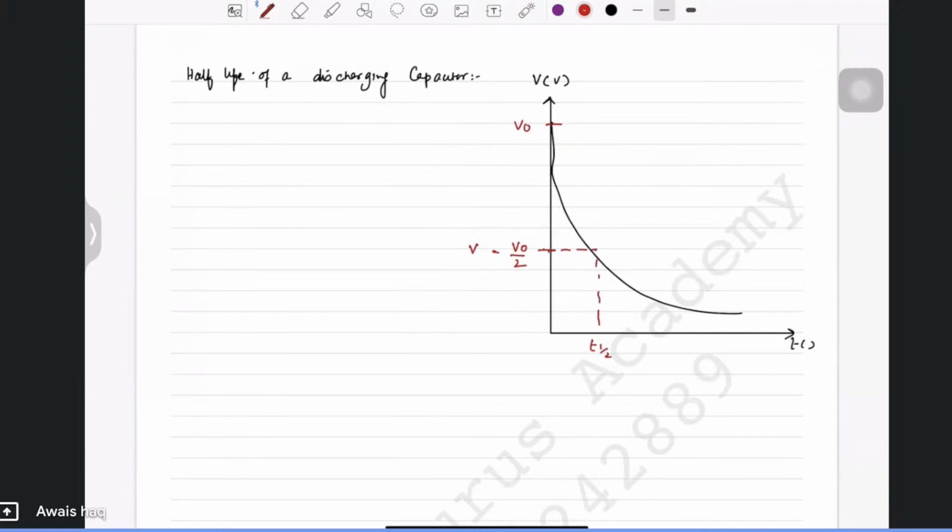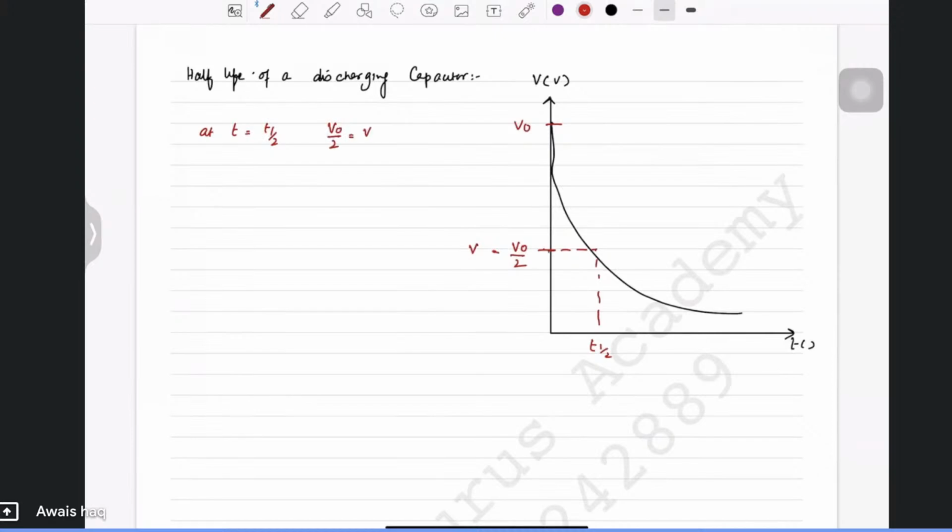So we just need to derive this a bit, and that's pretty simple to do. What you need to understand is that at time equals time of half-life, V naught will be divided by 2, right?